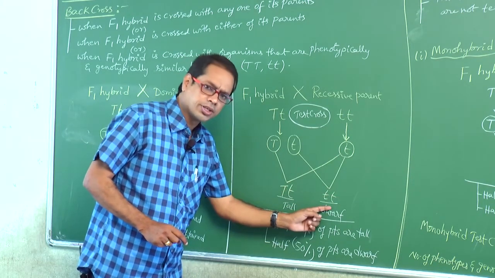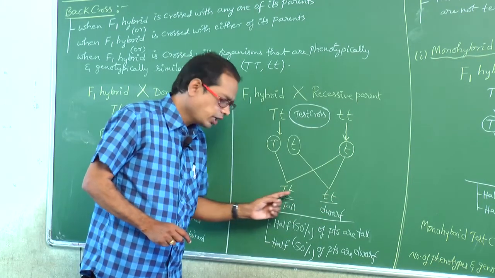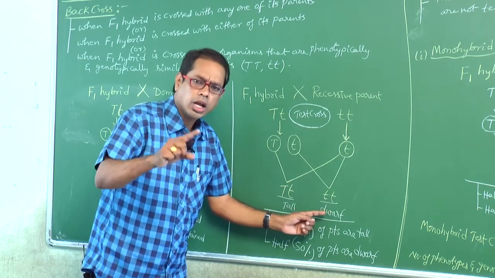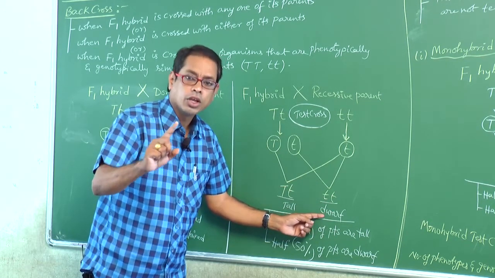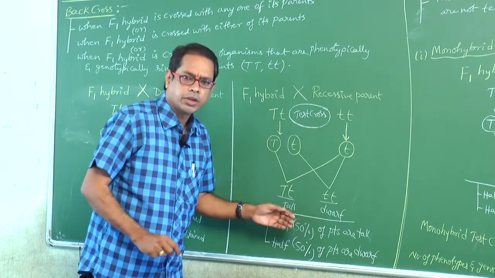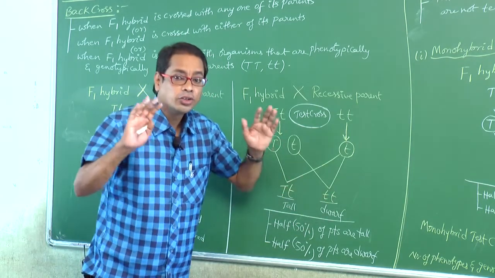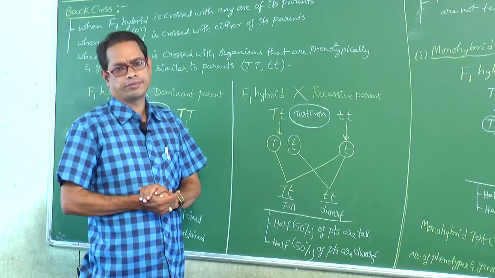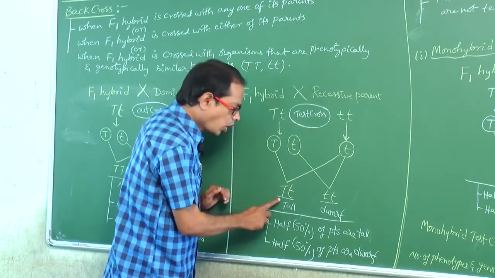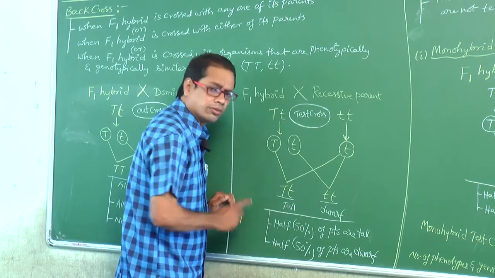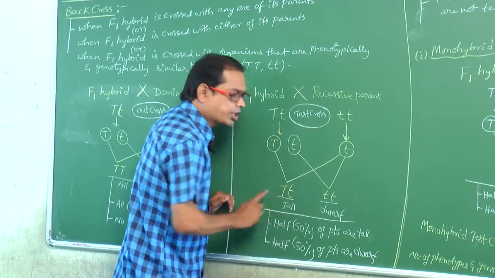Tall and dwarf plants. Here tall is 1, here dwarf is 1. Tall and dwarf plants are obtained in 1:1 ratio. That means 50% tall plants and 50% dwarf plants are obtained. That is the 1:1 ratio.